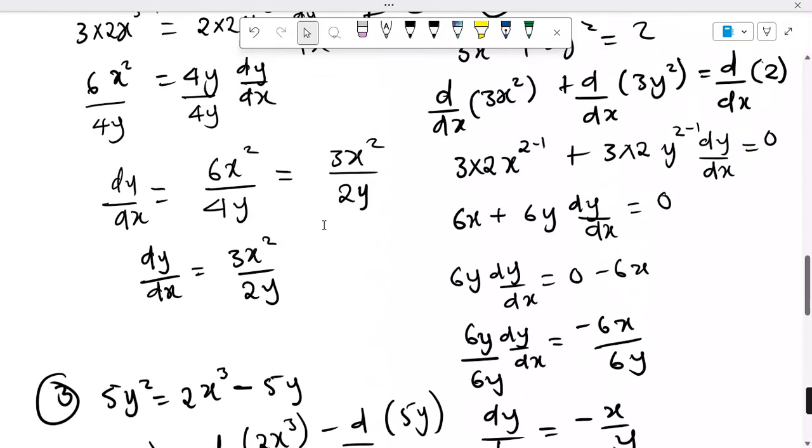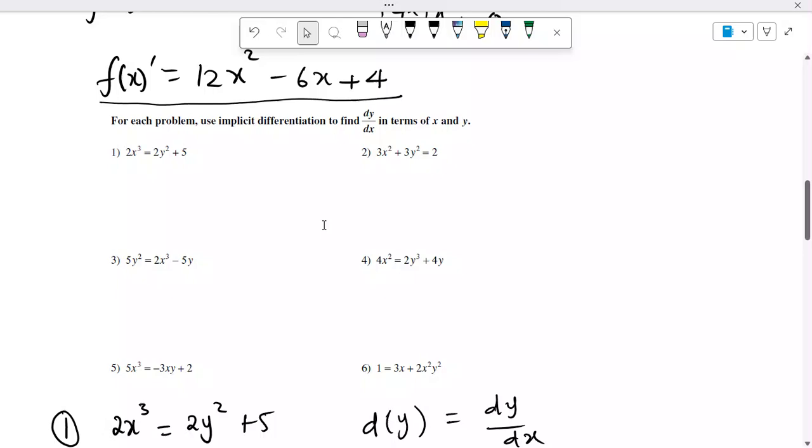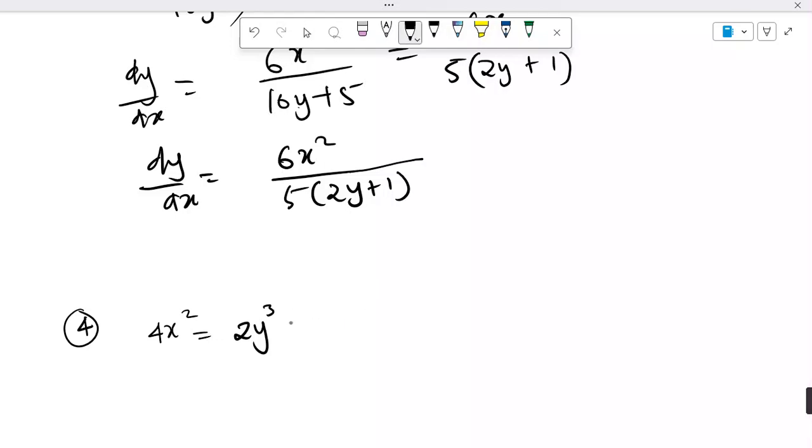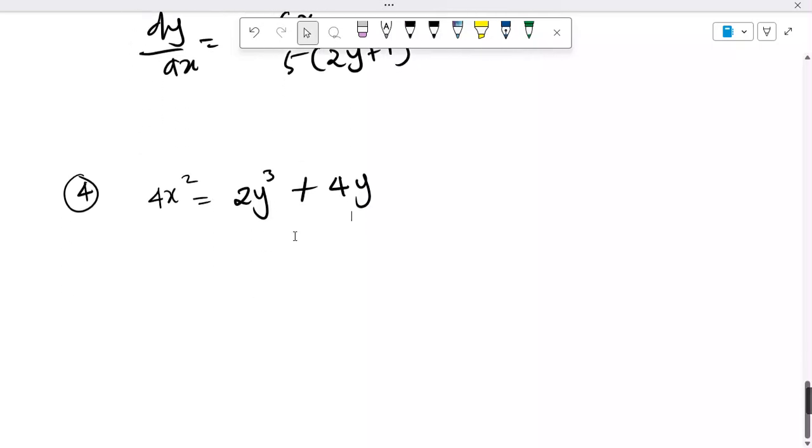Hope I'm right. Okay, I'm right: 2y to the power 3 plus 4y. So here we are differentiating each term with respect to x.